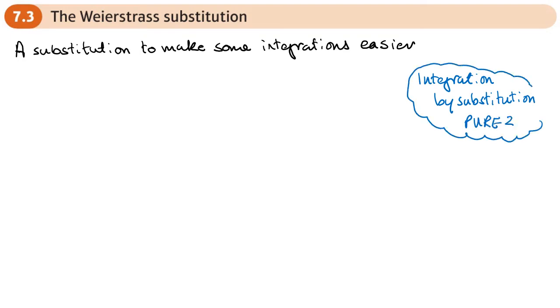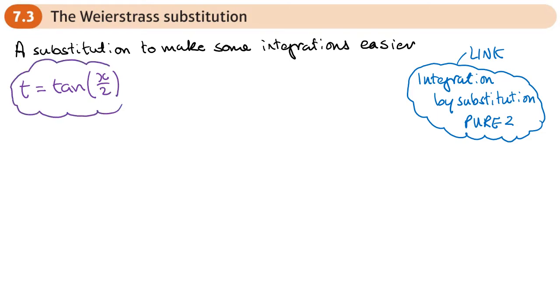And this is basically the same type of thing, but the substitution we use is t equals tan of x over 2, or theta over 2, and you'll recognize this from the chapter on the t formulae. So we're basically using that to make an integration easier.